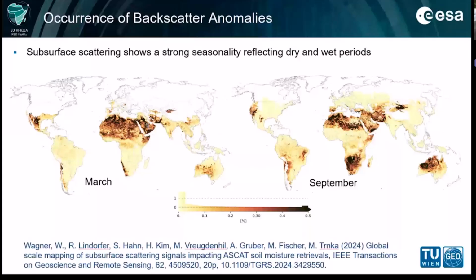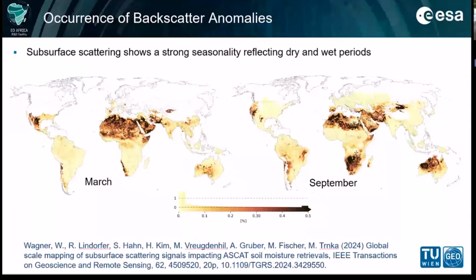So in March, most of, say, the intertropical convergence zone is still in the process of moving upwards. So here it's still wet. As long as it's wet, I don't see subsurface scattering. But here it's still dry, so I see subsurface scattering phenomena.